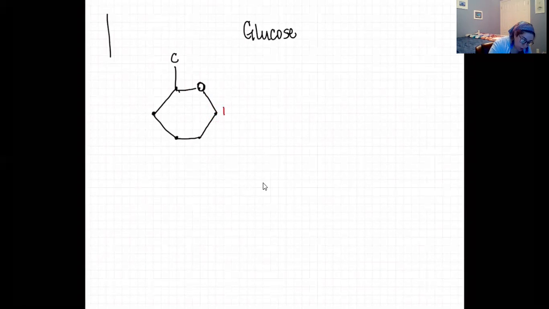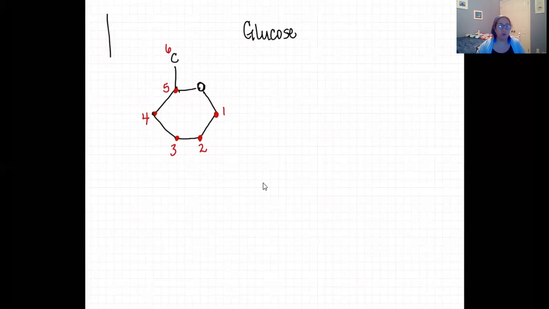So this is carbon number 1, number 2, number 3, number 4. Right there is carbon number 5. And then this one up here is carbon number 6. Each corner represents a carbon, and we number going clockwise starting from the first carbon right after that oxygen.